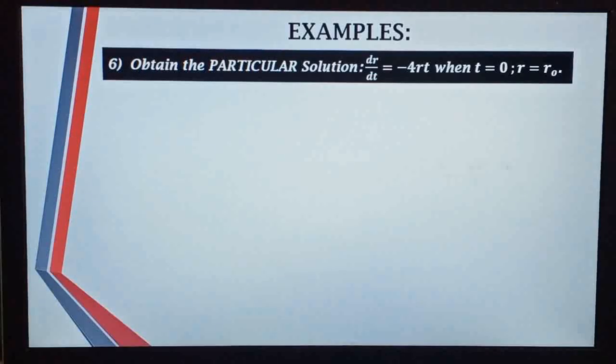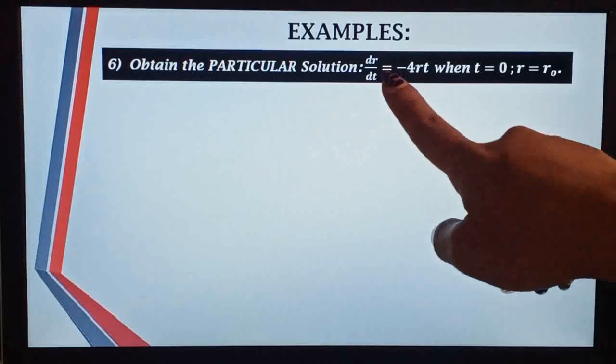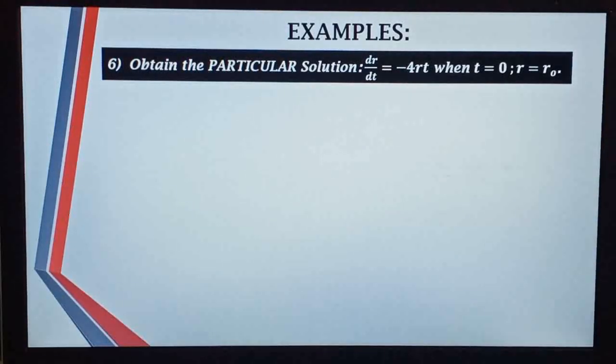So, kailangan mahanap muna natin yung general solution bago natin makuha yung particular solution. So, dadaan muna tayo sa general solution before getting our particular solution. So, we have dr over dt equals negative 4rt.